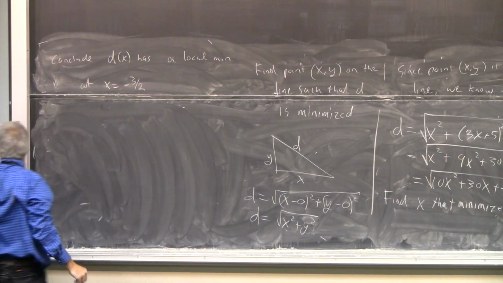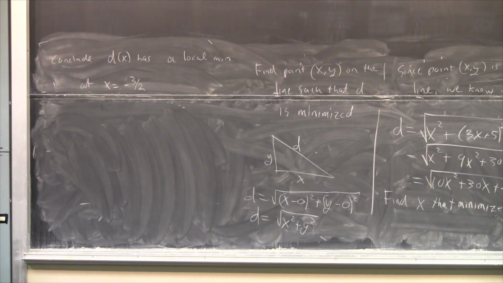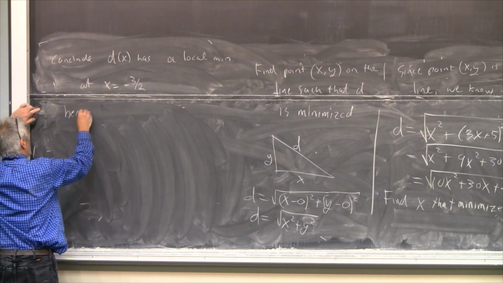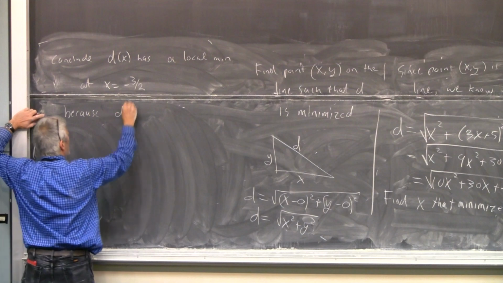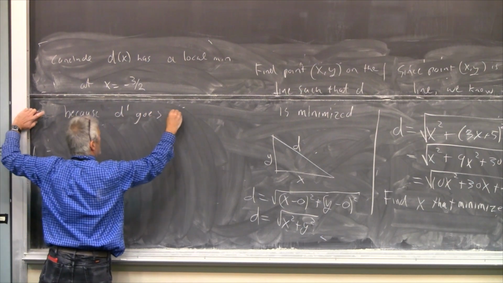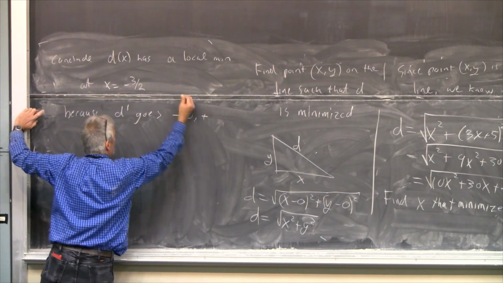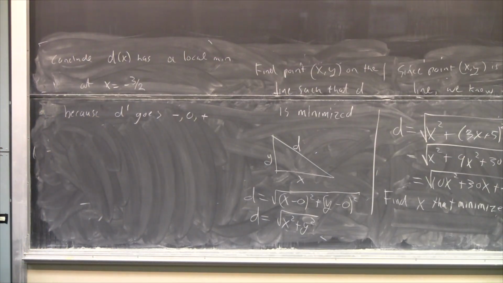And that's because d prime changes from negative to 0 to positive. So, this technique of making a sign chart for d prime, that's the technique we had for finding local mins and local maxes. Well, dang, we're trying to find absolute min.